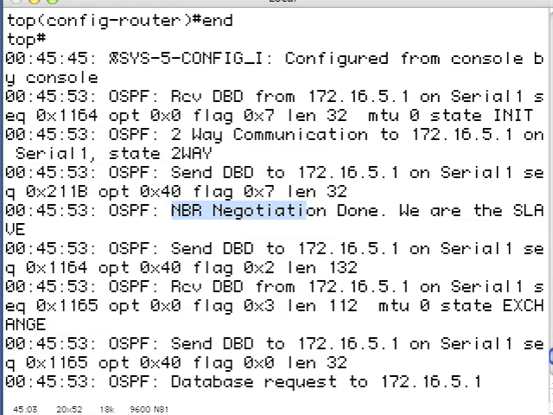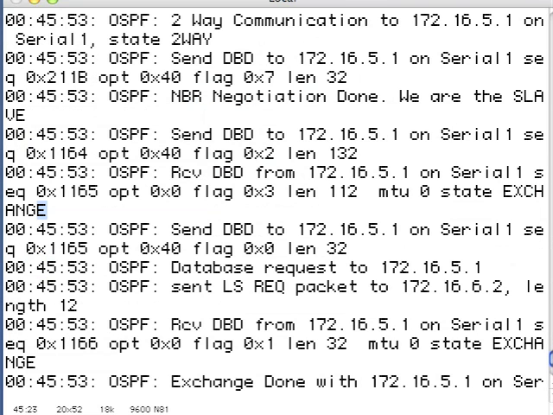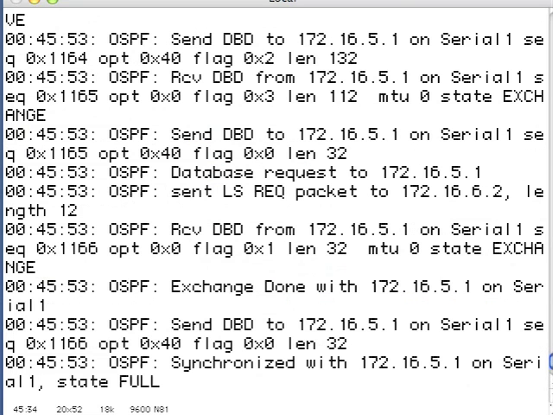So we're going to become a slave, and I'm telling you a lot of words that I haven't explained yet. And then we started sending our database description information, and we move into state exchange. And once we exchange all of our database information, which means all of the LSAs, the whole goal here is to synchronize our LSAs. Database request sent. We send a request for specific LSAs. We're still in state exchange because we're receiving database descriptions.